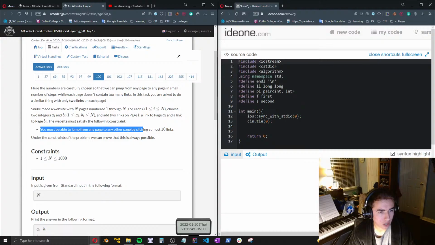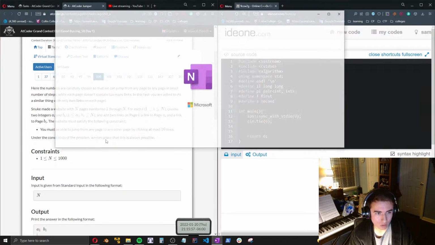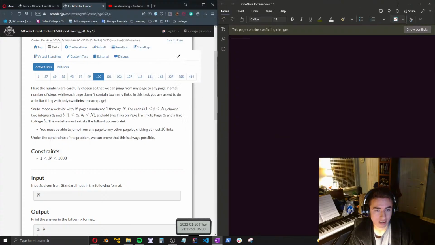You must be able to jump from any page to any other page by clicking at most 10 links. Okay. Well, immediately I see that 10 is like log n, so I'm thinking of construction.